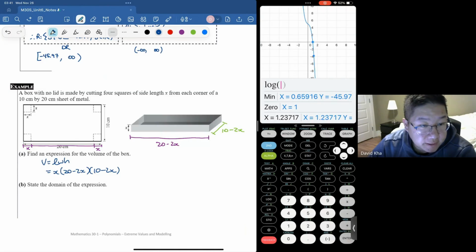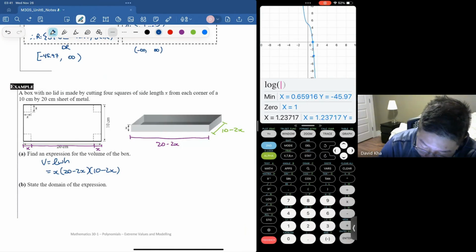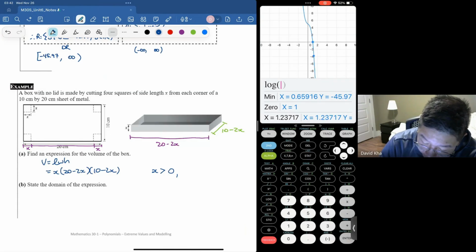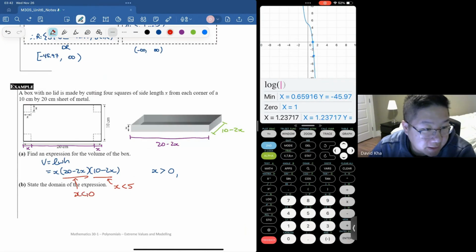And then there's some restrictions here. We can't have a negative side length. We can't have a 0 side length. So we know that x has to be greater than 0. And then from this one, x has to be less than 5. And from this one, x has to be less than 10. Otherwise, you get a negative side length.